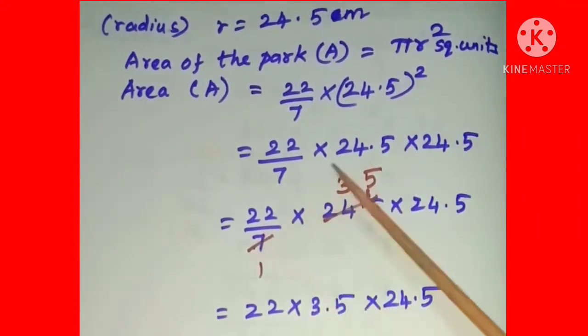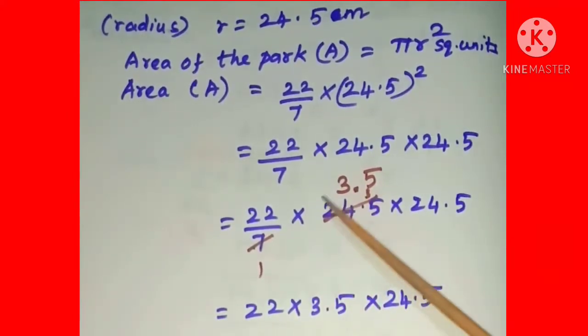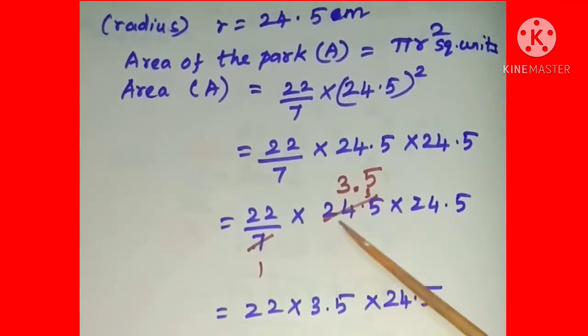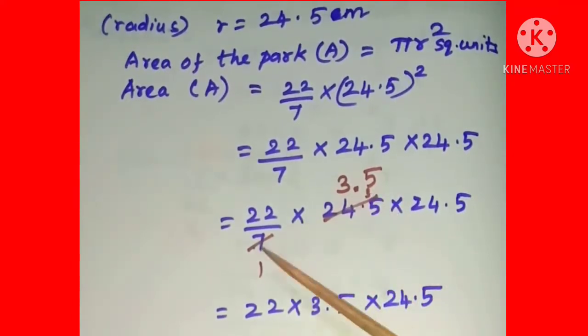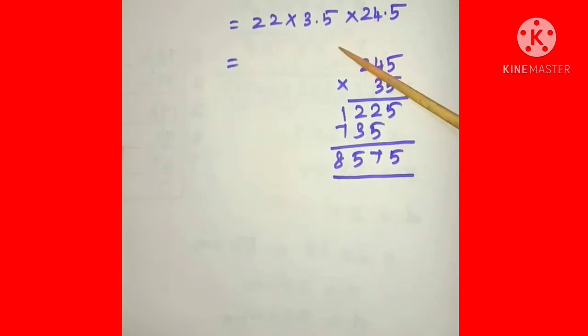So in the next line, when we cancel 7 and 24.5, it becomes 3.5 times. So when we cancel 24.5 by 7, we get 3.5 times into 24.5.